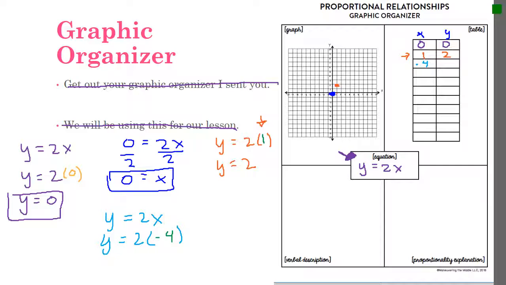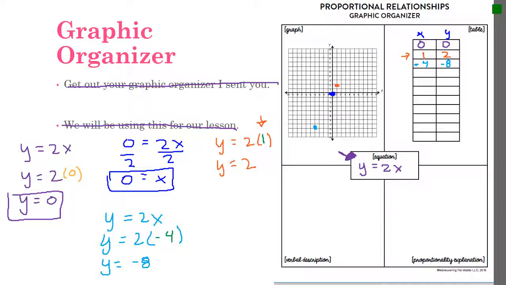So I know that my y value is going to be 2 times -4. Well, 2 times -4 is -8. So that means when I plug a -4 in for x, I'm going to get -8 out, which means the point -4, let's see, 1, 2, 3, 4, and down 8 exists on my graph. There we go.